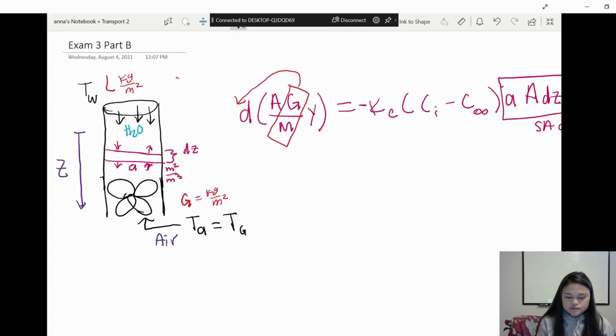But the mole fraction doesn't increase in that downward z direction. As you go down, the amount of contact the water has with the air decreases, which means there's going to be less water vapor as you go down. So that's why we need that negative sign.